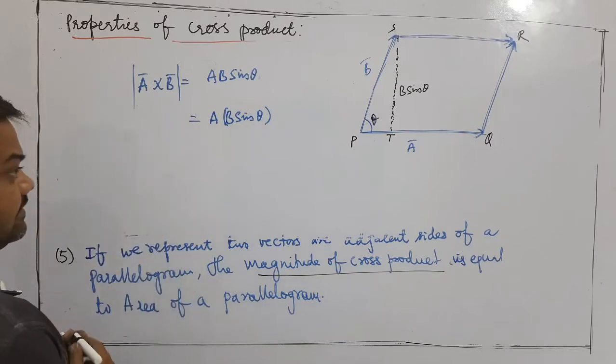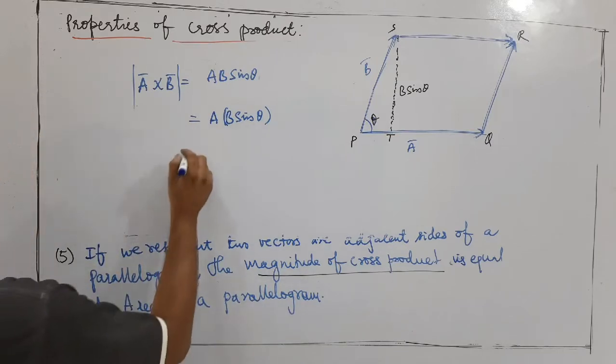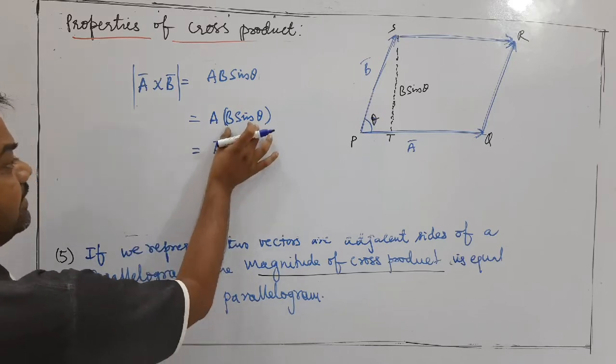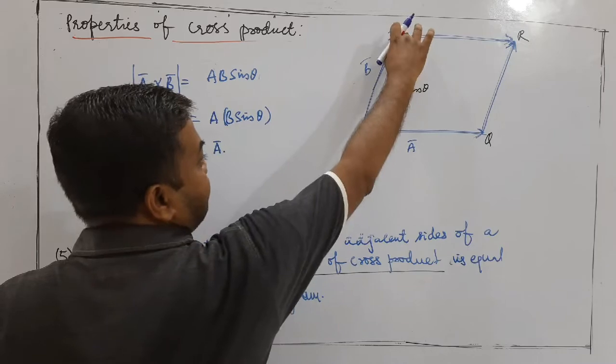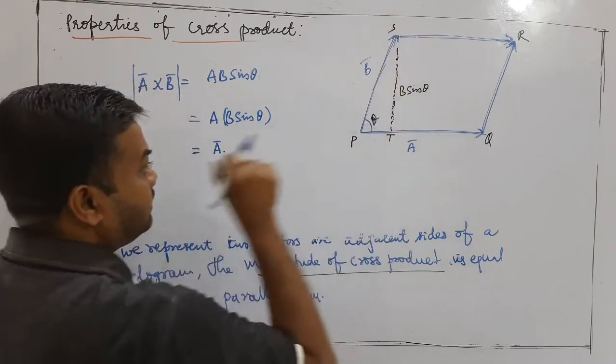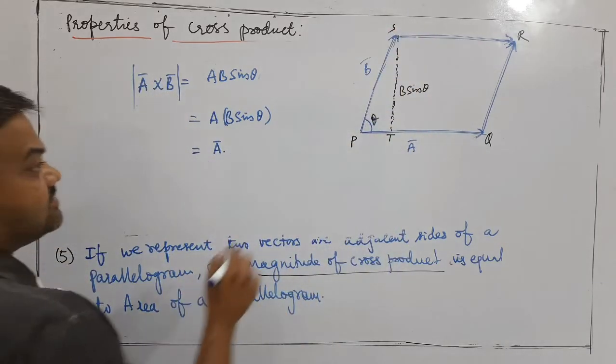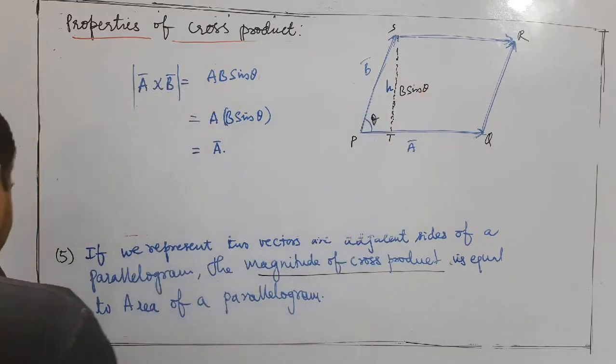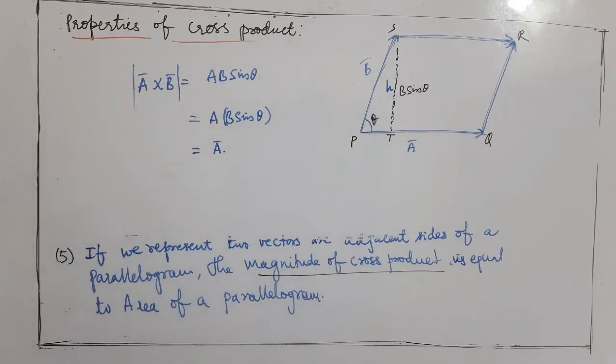Means here instead of writing B sin theta, I will write A into this one. Shall I consider this one as height?